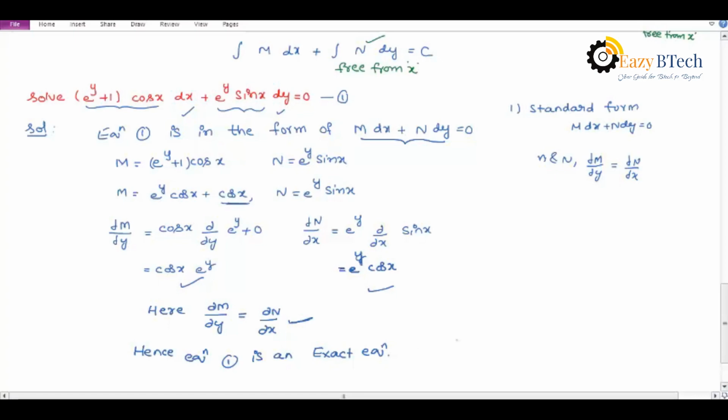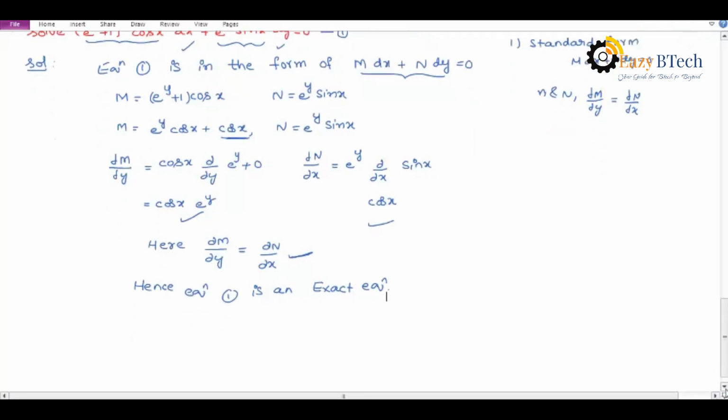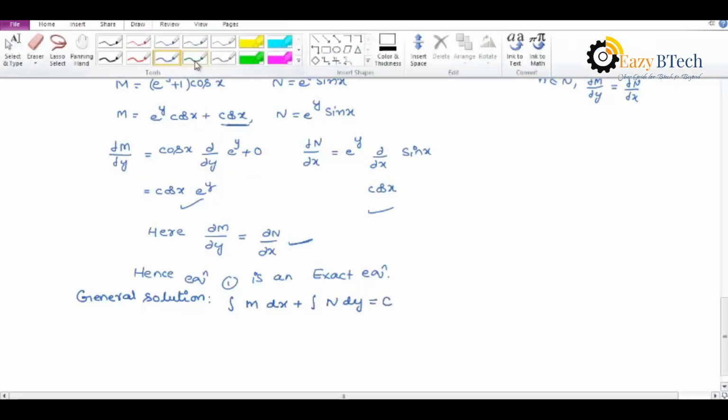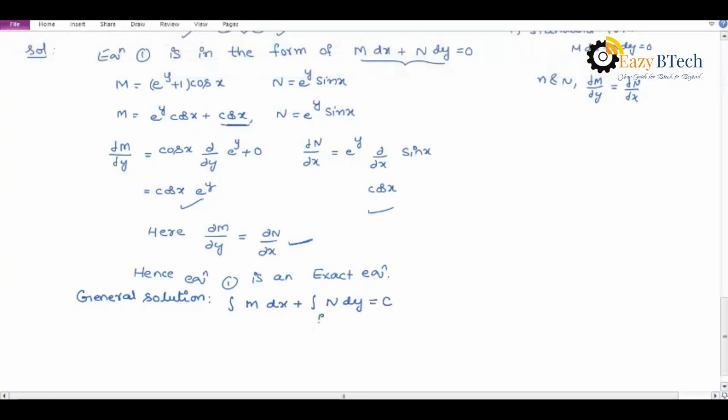After the exactness condition, we have to find the general solution of the problem. What is the formula for the general solution? Integral of M dx plus integral of N dy is equal to c. One important condition is there: the terms free from x.